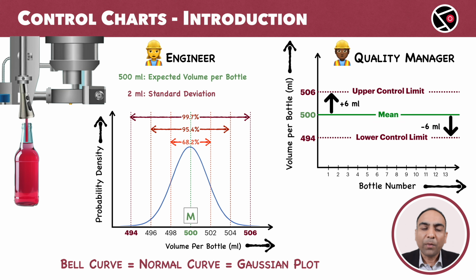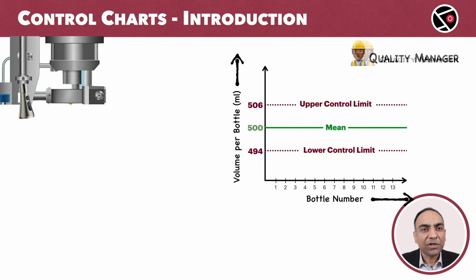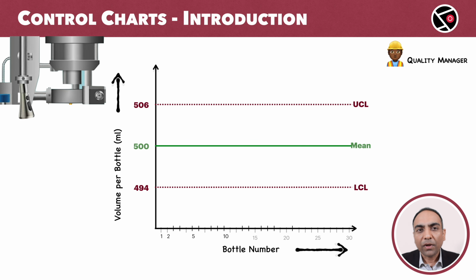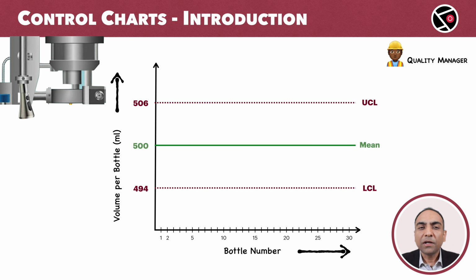Now that we understand the background, let's go deeper into this chart by the quality manager. This chart is the control chart. We have the upper control limit, the UCL, and lower control limit, the LCL, and the mean. The mean is also known as the central line.